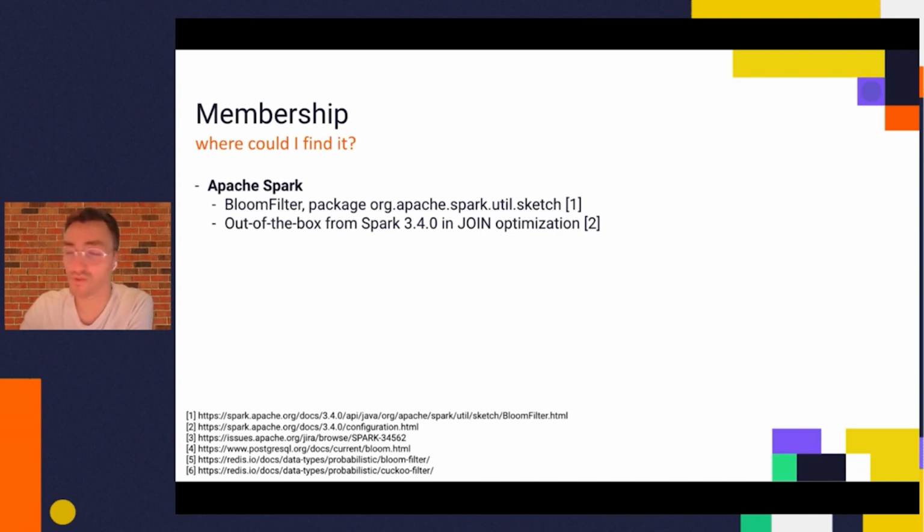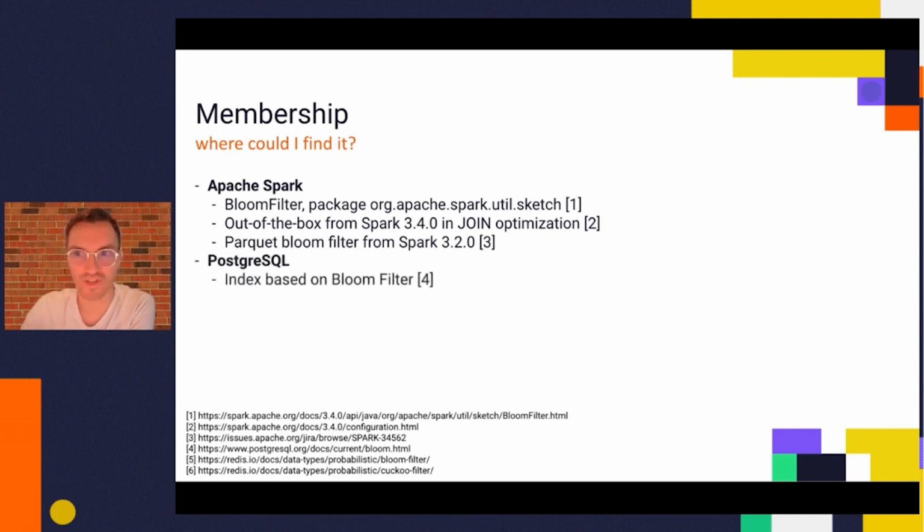In Spark 3.3.0, you need to turn this feature on, but from Spark 3.4.0, Bloom filter is used to pre-filter data before actually performing a join. And you could also utilize Bloom filter while reading from Parquet files, which was implemented in Spark 3.2.0.